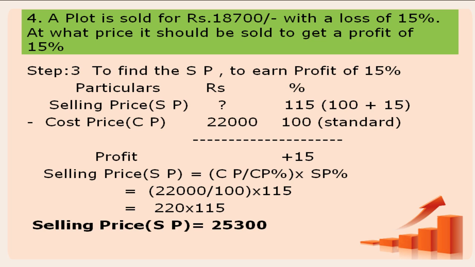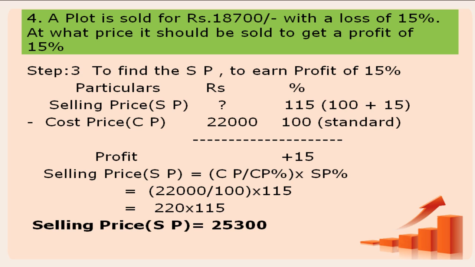Selling price in rupees is equal to cost price divided by cost price percentage into selling price percentage, that is equal to 22,000 divided by 100 into 115, that is equal to 220 into 115, that is equal to 25,300. So the value of the plot to gain a profit of 15 percentage is equal to 25,300.